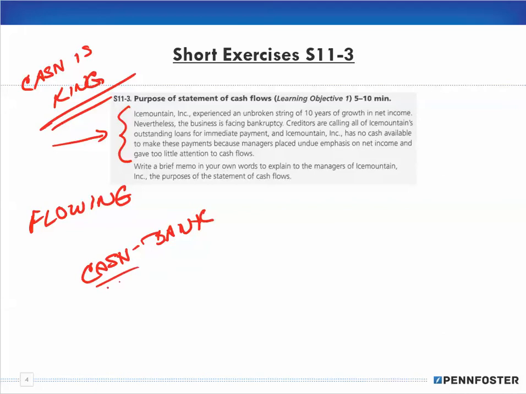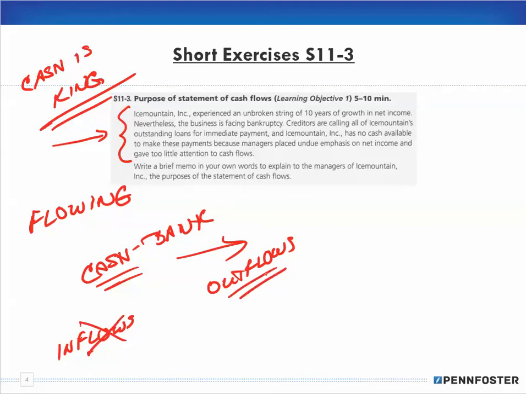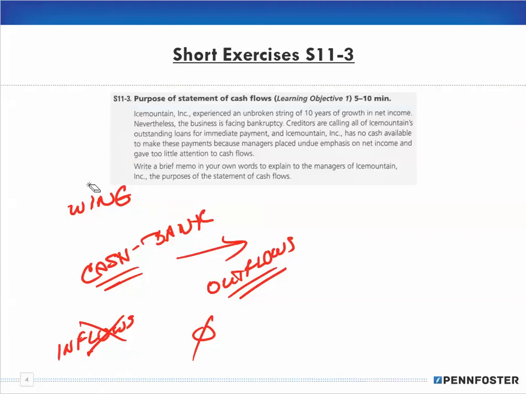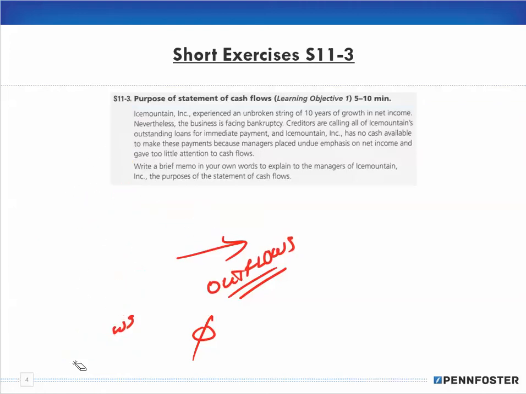You're going to just run out of cash as it flows out. So you have inflows and you have outflows of your cash, right? If you don't have the inflows, it's just going to keep on going out and you end up at 0, and that's what this is all about here. So reread that paragraph in order to have some idea as to the mistake and the reason why you create a statement of cash flows.